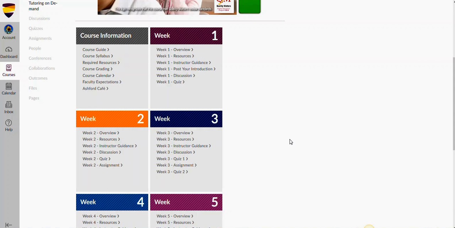Mostly one discussion board per week, and no grammar quizzes, just these writing lab quizzes that help them connect those dots between what they're doing in the writing process and what the textbook is teaching them and what we want them to get out of it.